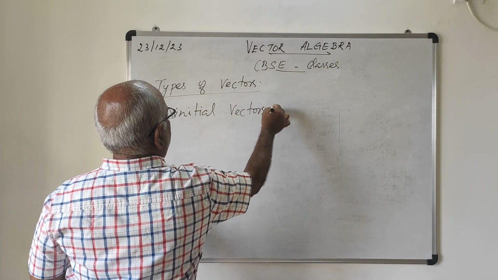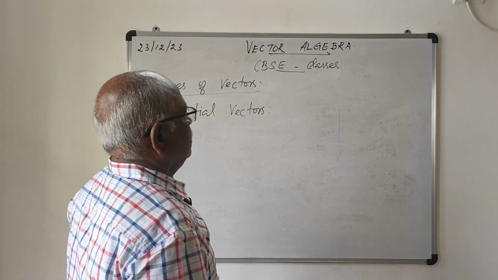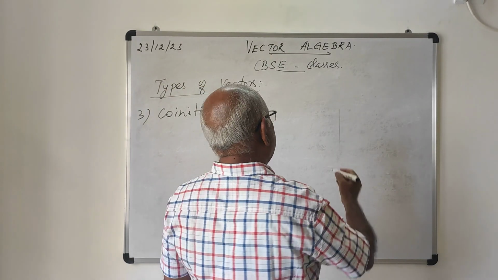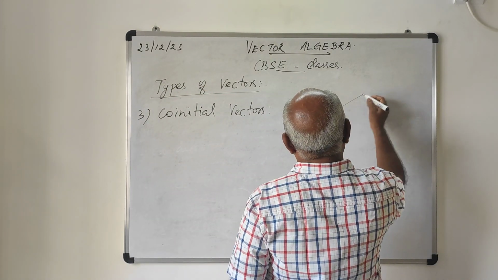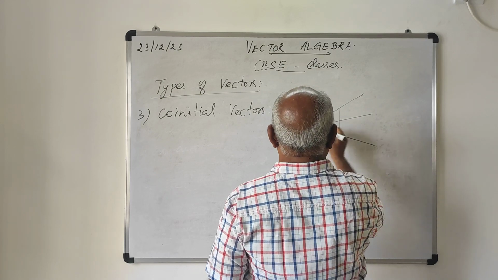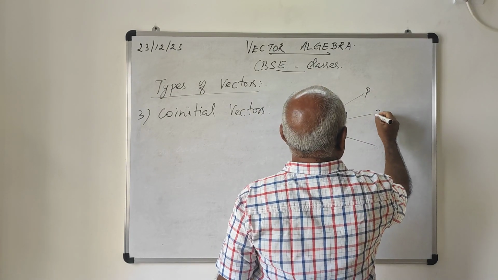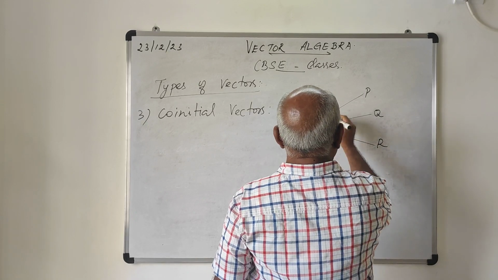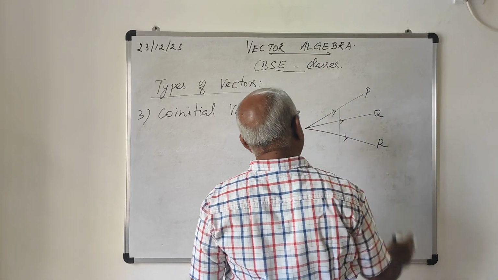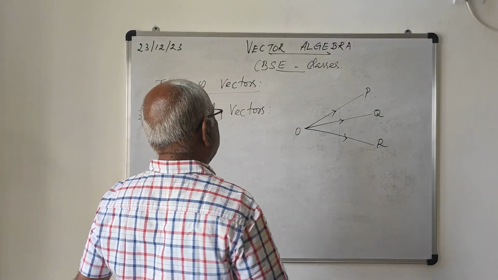Co-initial vectors are the vectors whose initial points are the same. Suppose O, P, Q, R; OP, OQ, OR are called co-initial vectors.